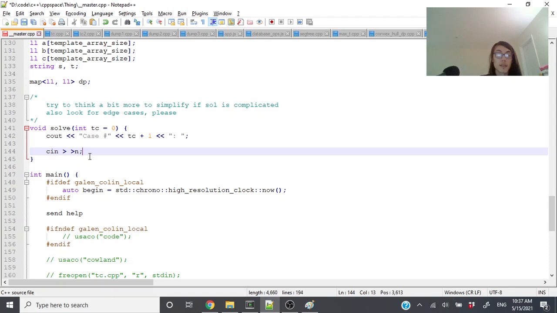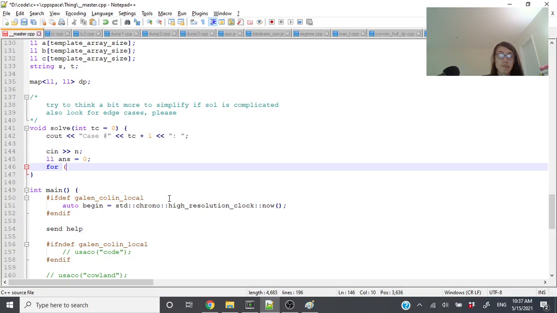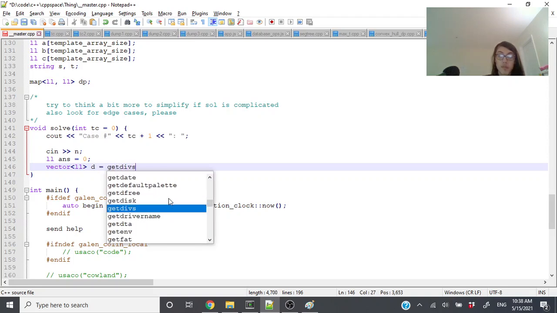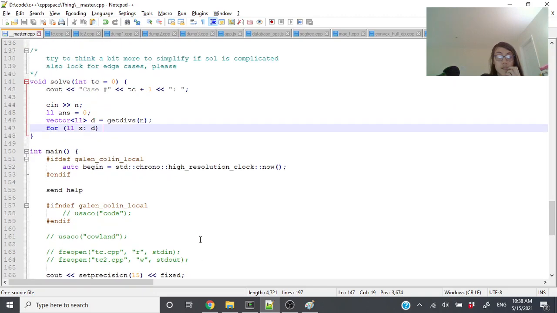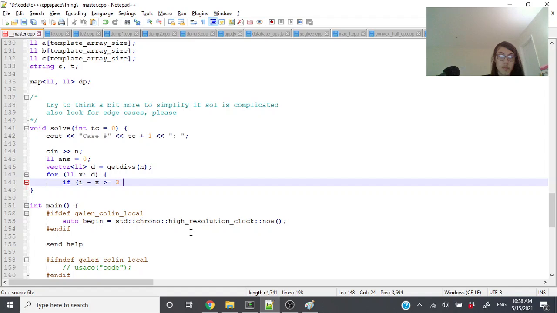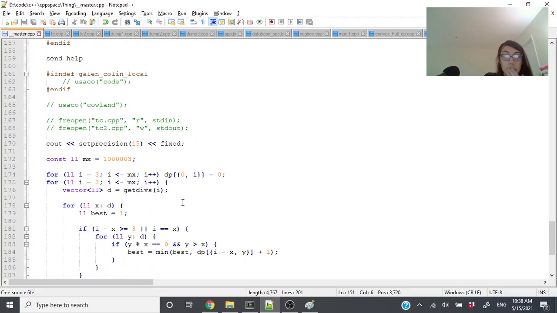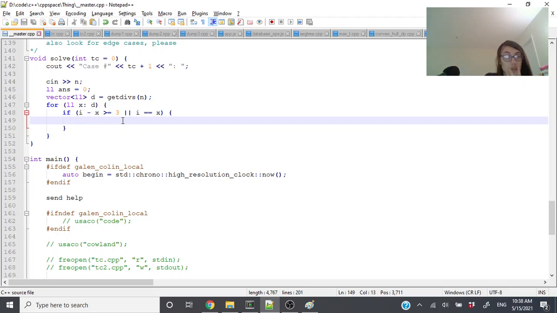So for n, we take its divisors again, for x in divisors, so then if it lands us in a spot like that, it's just a constant optimization.